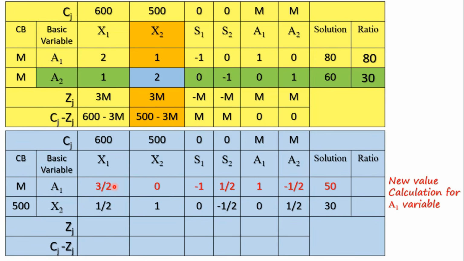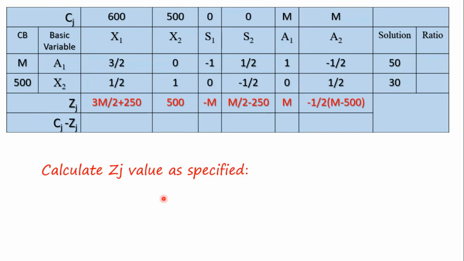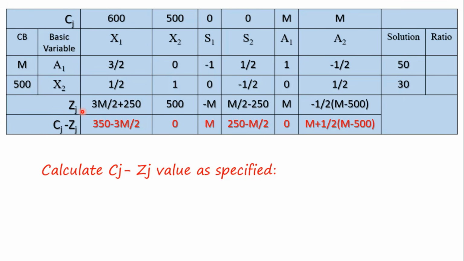In the same way, we need to find the values of all the other variables in the new table. Next, find the zj value, as we have specified. After that, find the cj value. After finding the cj and zj values, find cj minus zj.